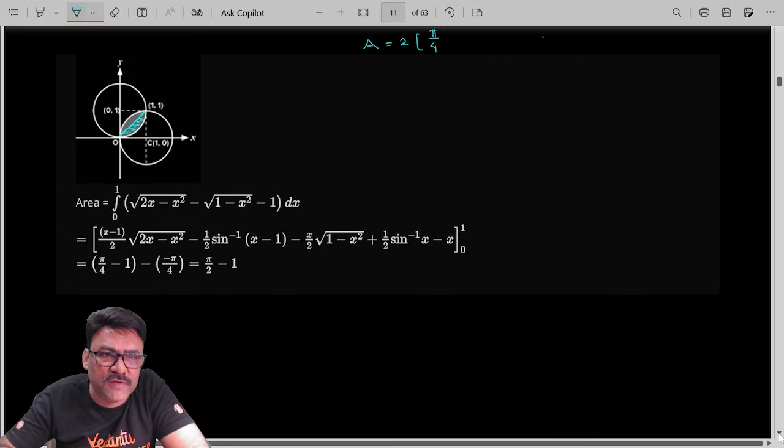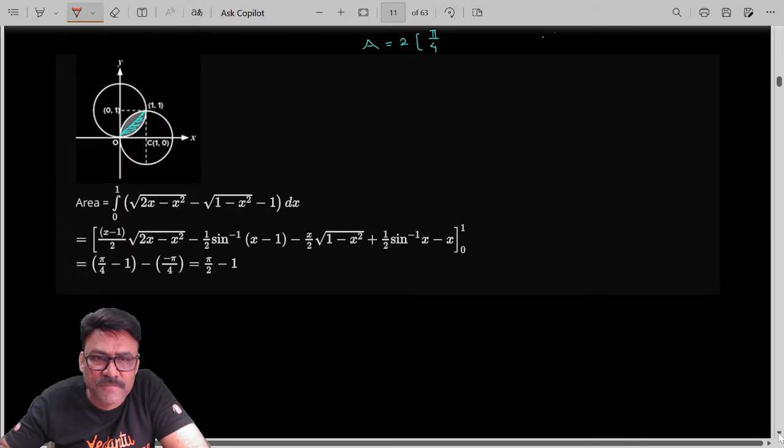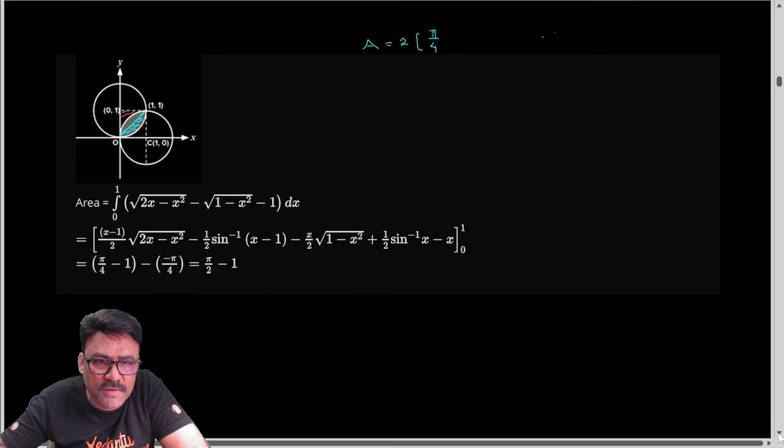And from this quarter circle, I exclude this area which I am shading right now, the area of the triangle. First I have taken the complete quarter circle of the upper circle having center at (0, 1), so that is pi by 4, and then exclude this area which is shaded here.